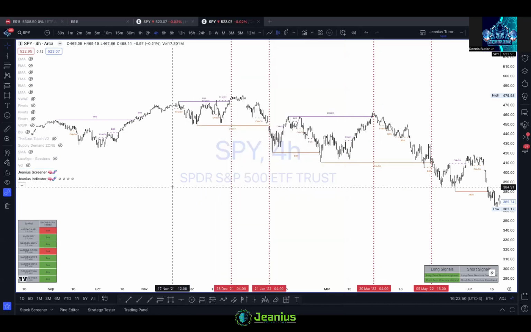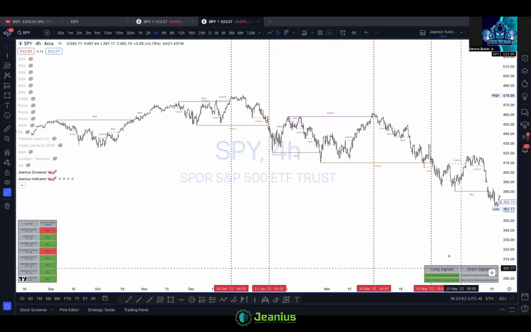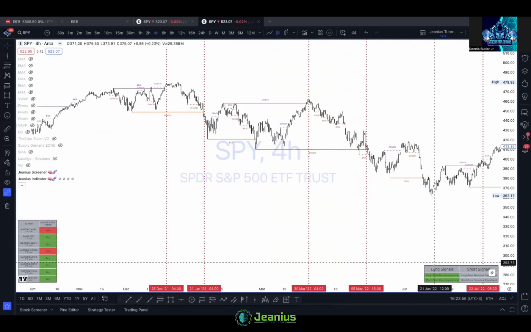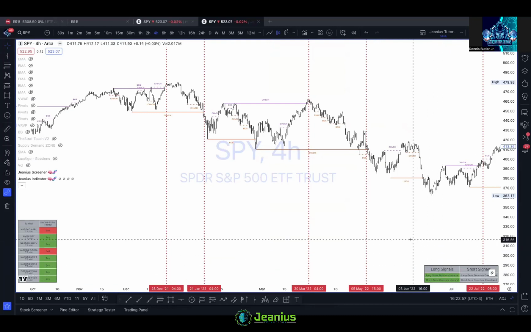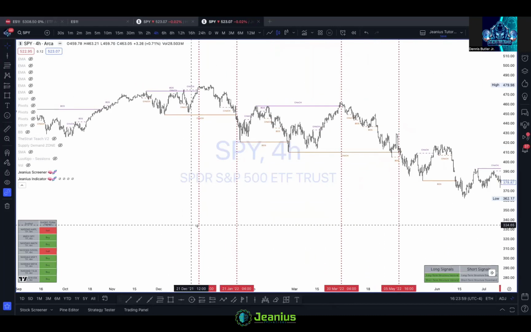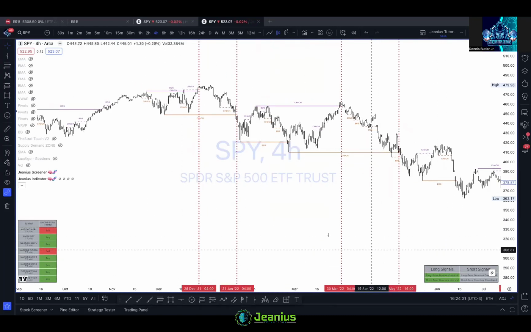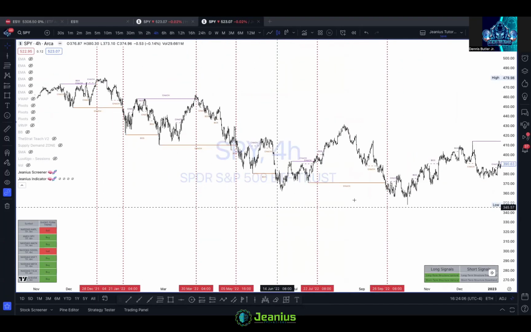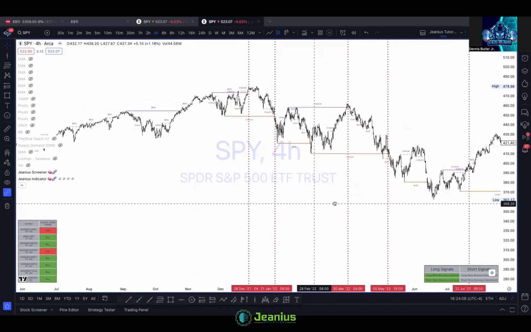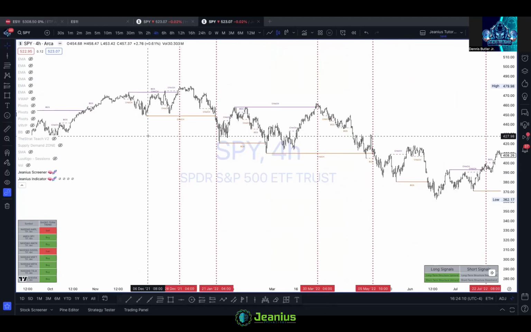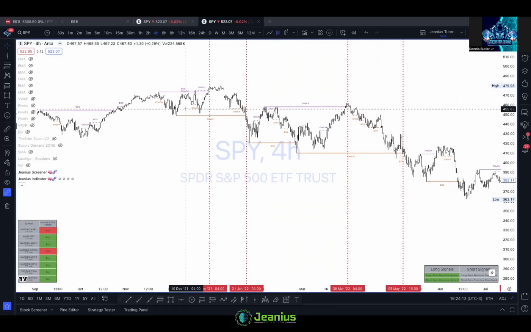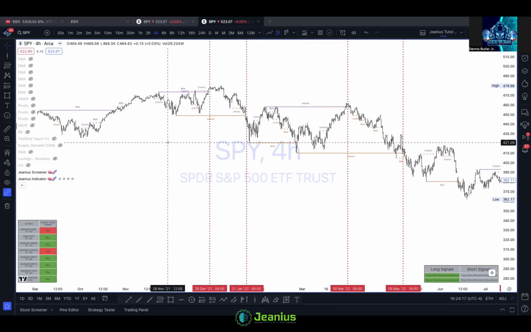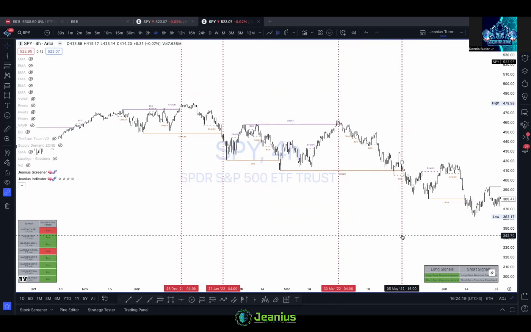Back to what I was saying, you just saw me change the indicator's parameters to short-term and long-term. The reason I like to use the short-term and long-term trend is because, as you can see on these red vertical lines, which I put ahead of time, at each of these lines the structure changed on the long-term trend.